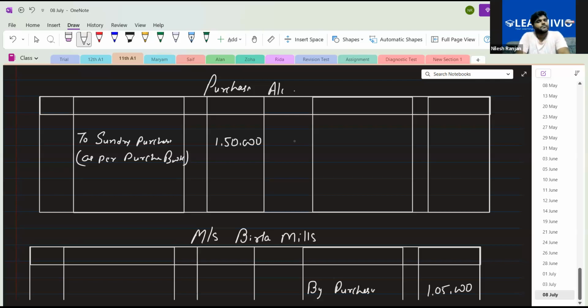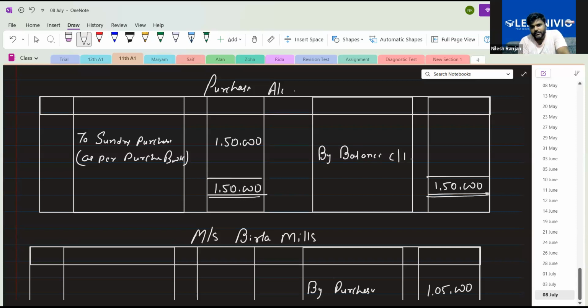We have to sum up the debit and credit side. Yes, very good. Whichever side is greater, we calculate the total. So 1,50,000, 1,50,000, and then the balance by balance CD, 1,50,000.